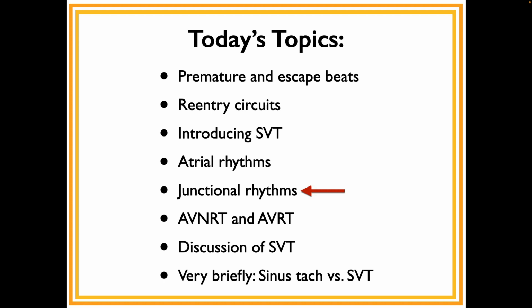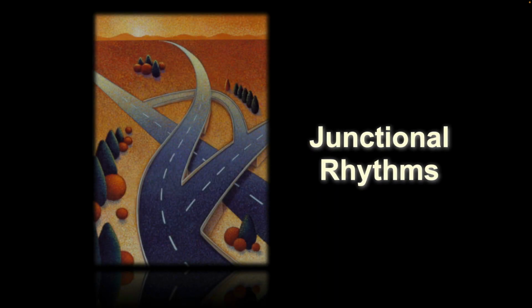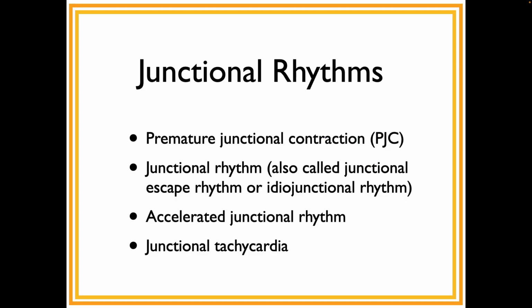Who remembers this is the one type of rhythm where where it originates is not totally obvious from the name? Where do junctional rhythms originate? AV node, absolutely. The junctional rhythms that we're going to talk about today start with premature junctional complex, which is old school contraction. So PJCs, not really a rhythm, just a single beat.